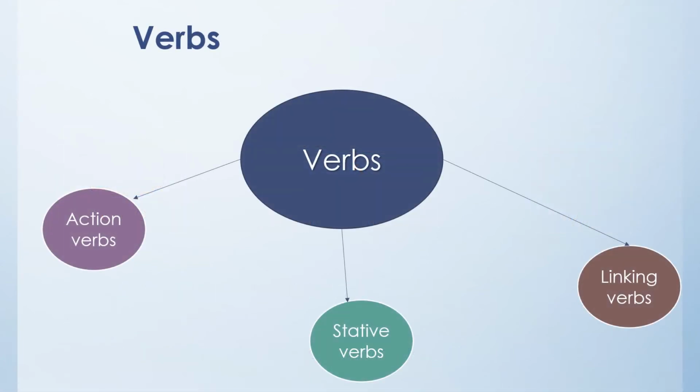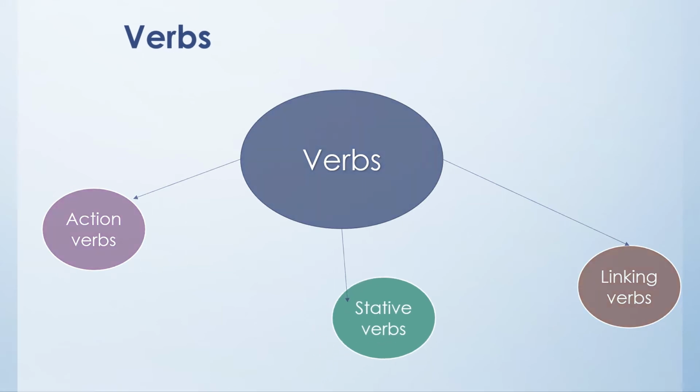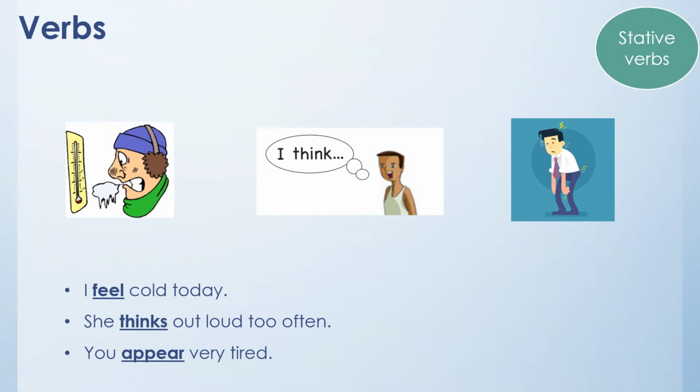Now let's have a look at stative verbs. So stative verbs are words, also words, that describe an uncontrolled action. That means an action that the subject cannot control. It can be thoughts or opinions.